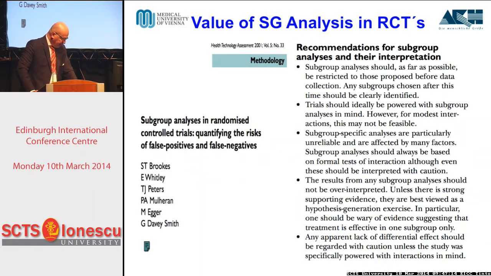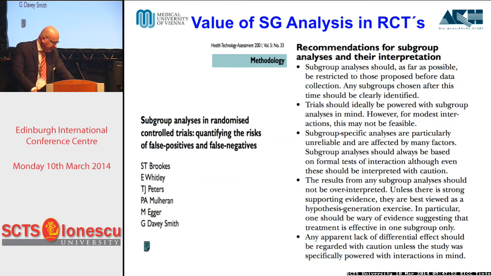I want to give you just here one depiction of the situation. This was published in the health technology assessment, and it says that subgroup-specific analyses are particularly unreliable and are affected by many factors. Subgroup analysis should always be based on formal tests of interaction, although even these should be interpreted with caution. The results from any subgroup analysis should not be overinterpreted. Unless there is strong supporting evidence, they are best viewed as a hypothesis generation exercise.